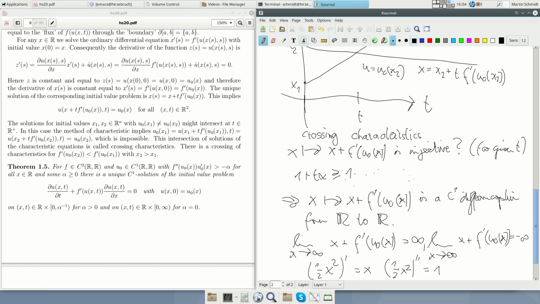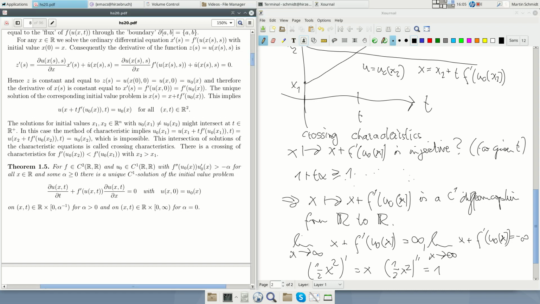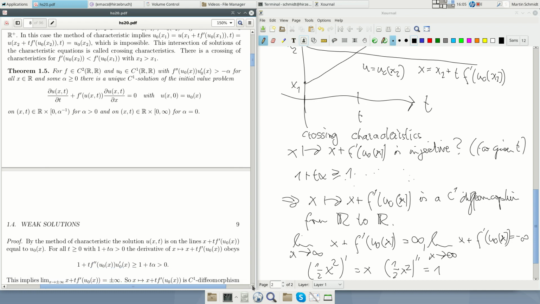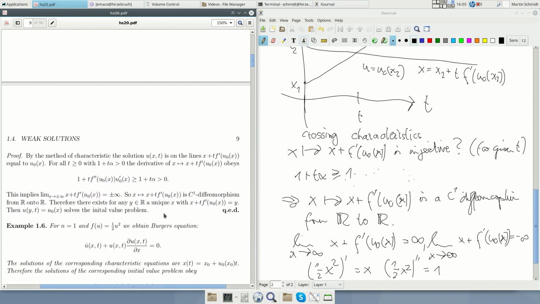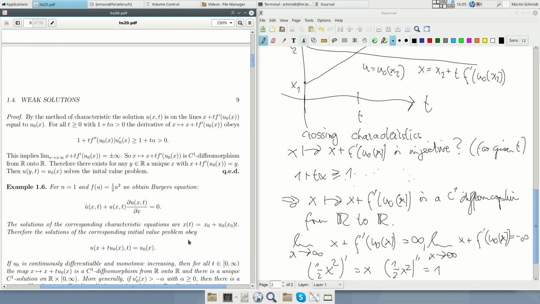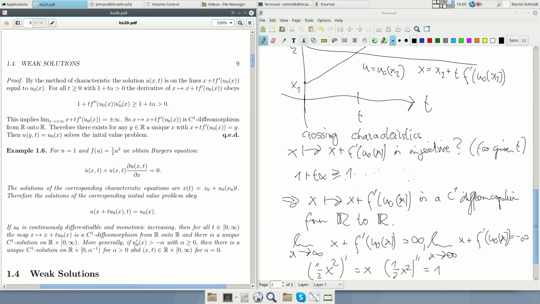For this reason, this term is 1, so we can neglect it, and we only have this condition in Burgers' equation. So in Burgers' equation, the condition is exactly the condition that the derivative of the initial function, which fixes the initial values, obeys this equation. And then we have a solution here. Okay, thank you.